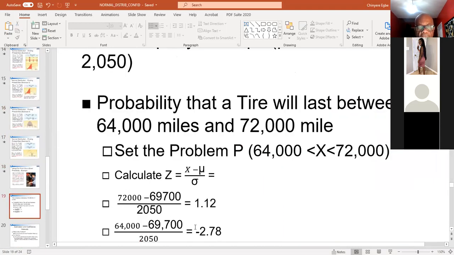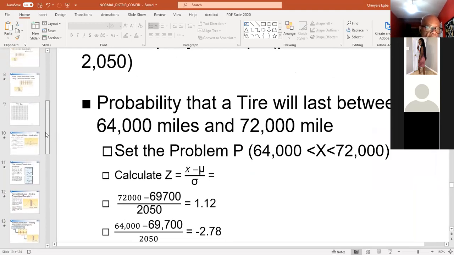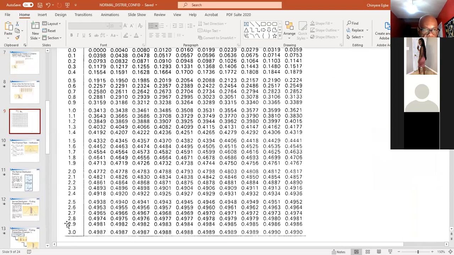Okay. So when we see this minus 2.78, we are asking ourselves the question, what is the area of the curve between 0 and minus 2.78? So we go to the normal distribution table and we look at 2.7.